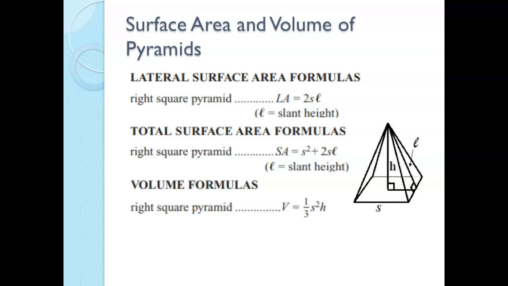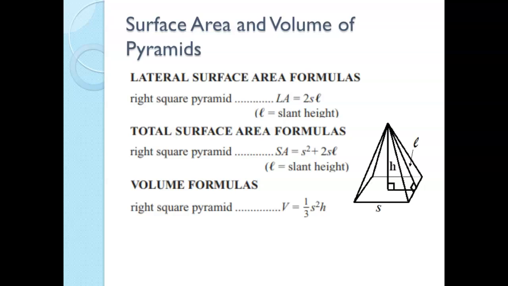So to find the lateral surface area, now this is the area of everything other than the base. So really you're finding the area of four triangles here. Remember how to find the area of a triangle: 1/2 base times height.